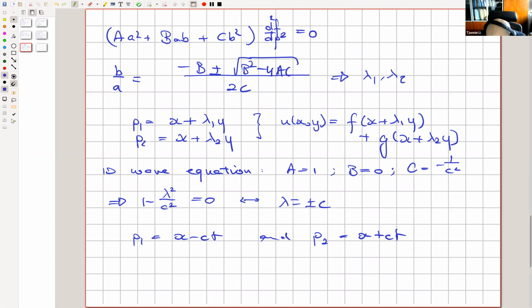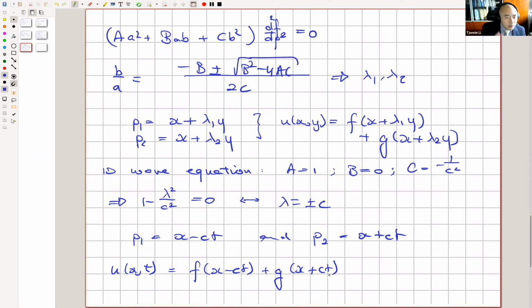Such a way that the solution, u of x and t, in this case I've changed the variable to t now, here is simply given by some function f of x minus ct plus g of x plus ct. Okay.